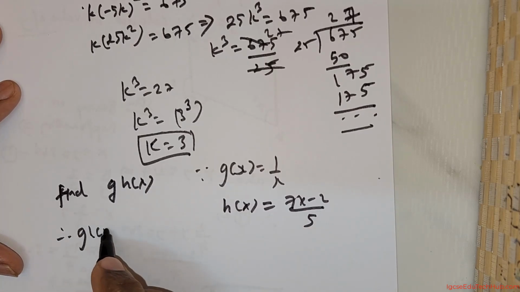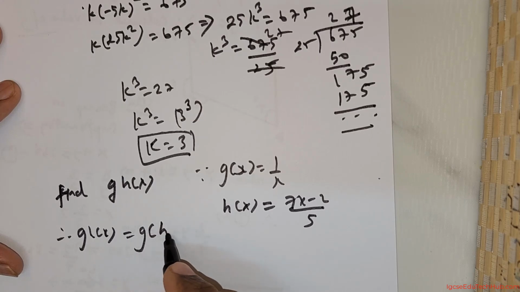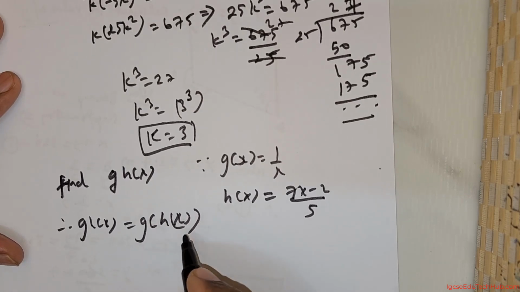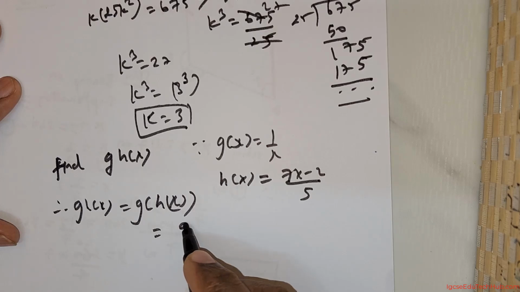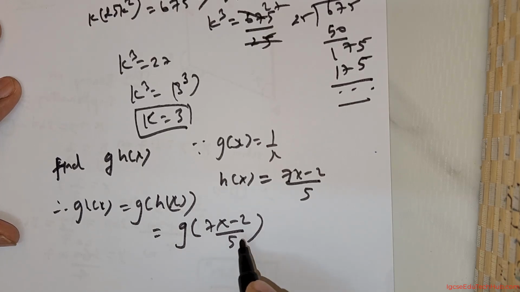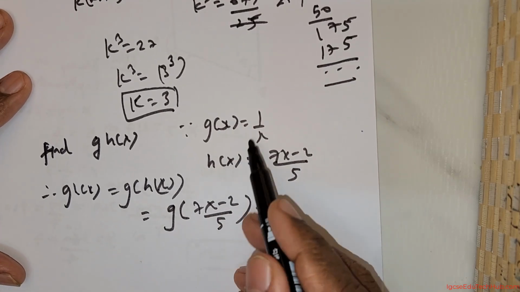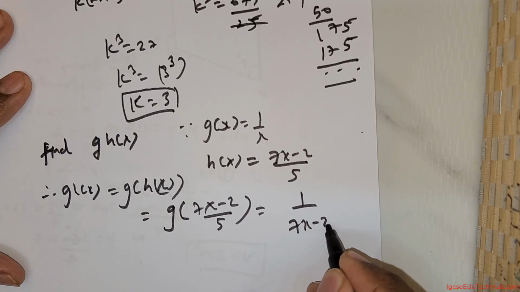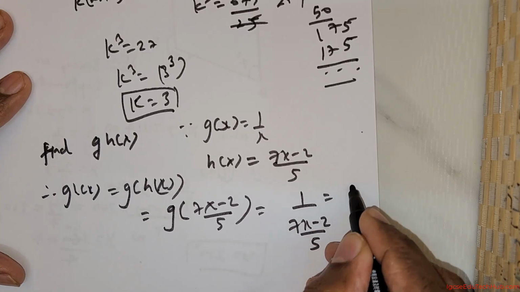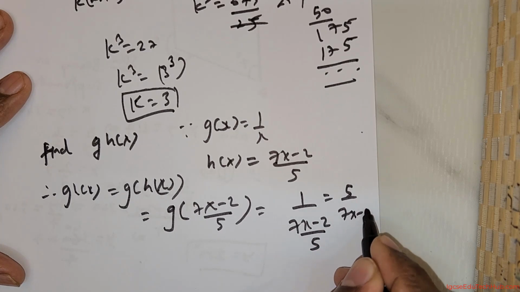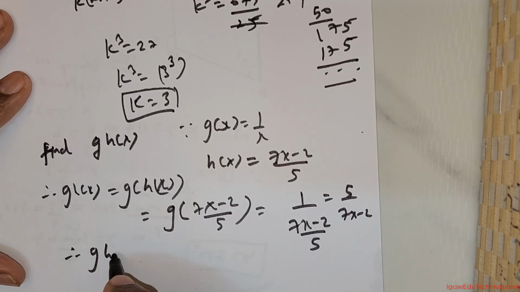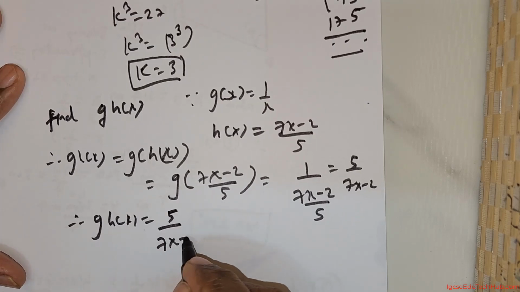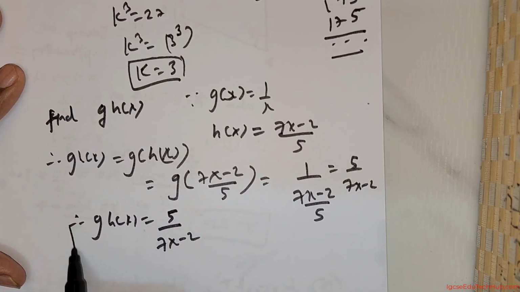So therefore gh of x is equal to g of h of x, where h of x is (7x - 2) divided by 5. So in place of x you substitute this, which is going to be 1 over (7x - 2) divided by 5, which means 5 over (7x - 2). So therefore gh of x is equal to 5 over (7x - 2). So that's the solution.